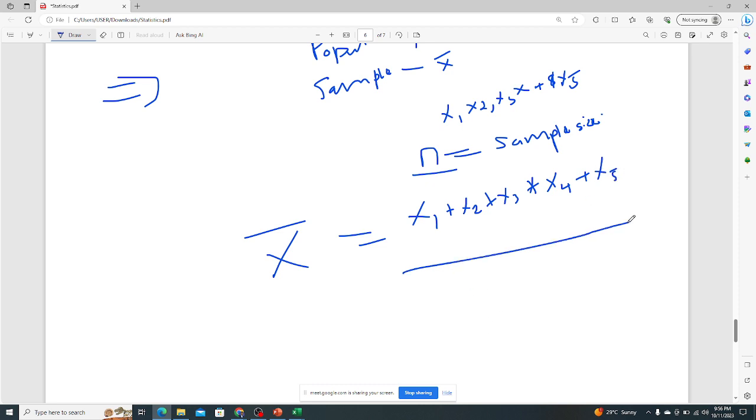Remember, this is xi, taking a value 1, 2, 3 up to 5.